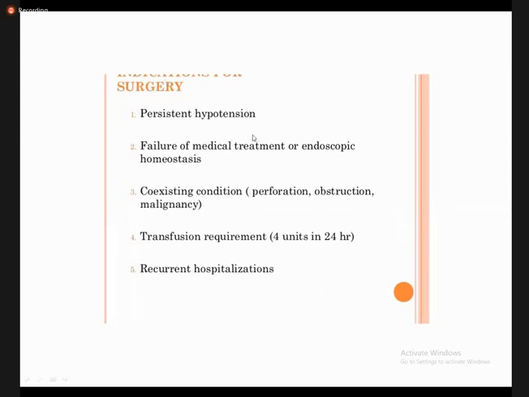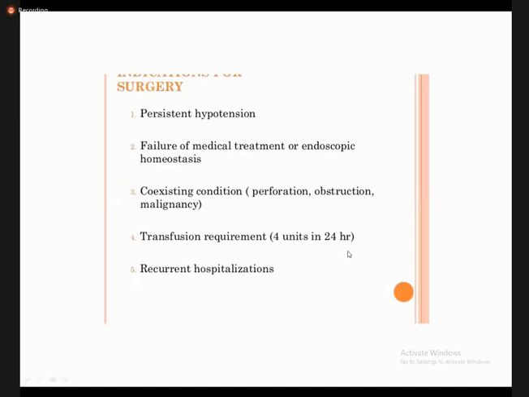Now coming to the surgery, the indications for surgical treatment are persistent hypotension indicating ongoing GI bleed, failure of medical treatment or endoscopic hemostasis, and coexisting medical conditions like suspected perforation after any procedure, or obstruction or tumor. If the transfusion requirement is 4 units in 24 hours, it means the bleeding is ongoing.